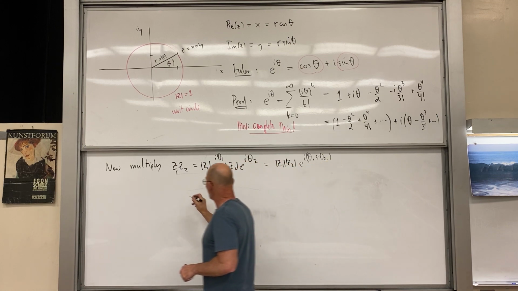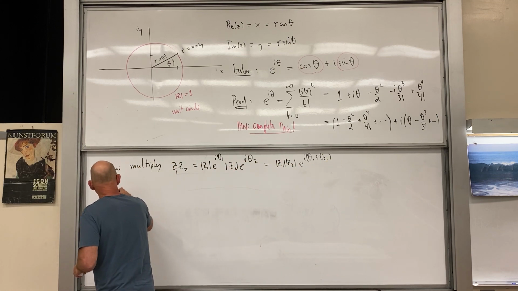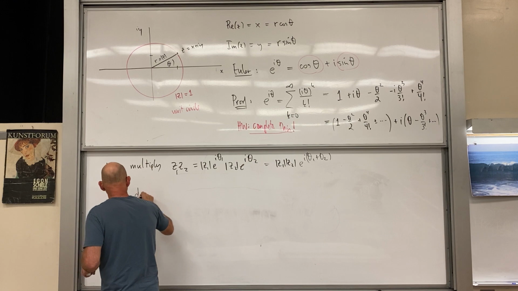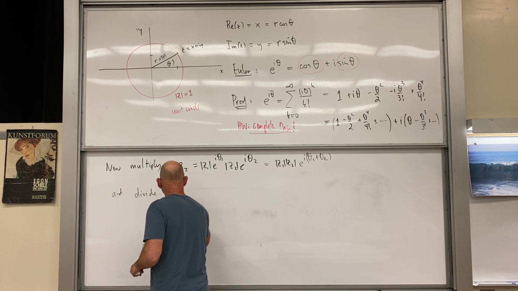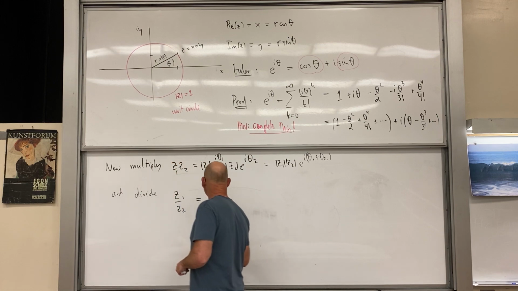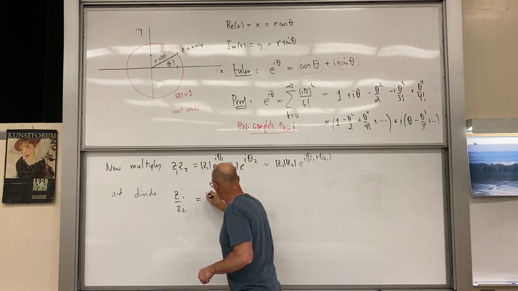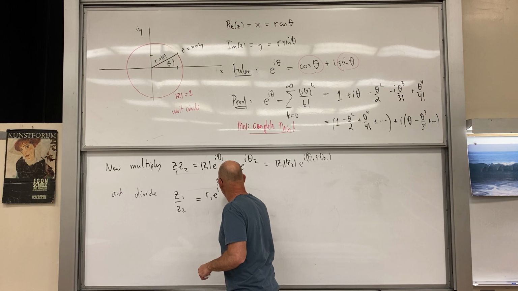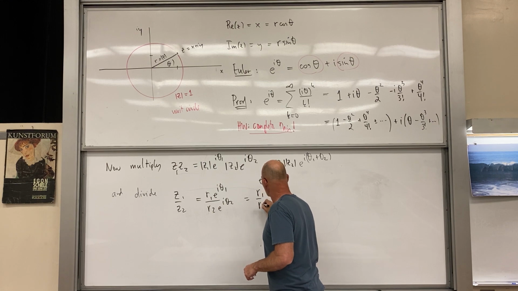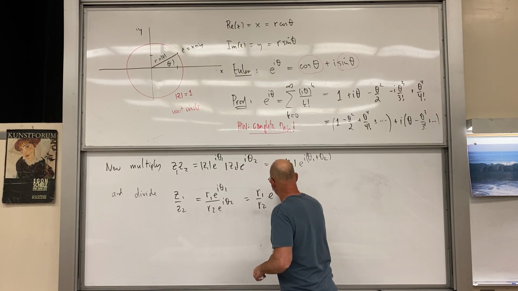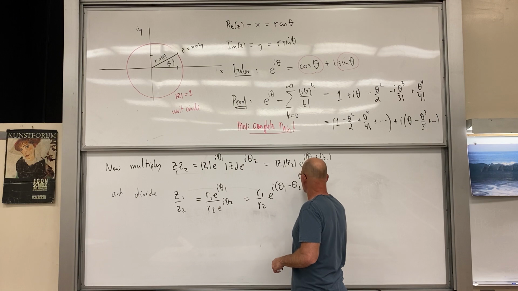And if we divide two numbers, z1 divided by z2, I'll use the letter r this time, so r1 e to the i theta 1 divided by r2 e to the i theta 2, is r1 over r2 e to the i theta 1 minus theta 2.